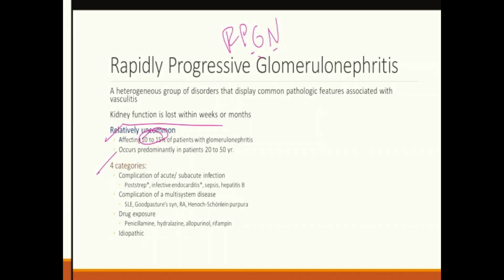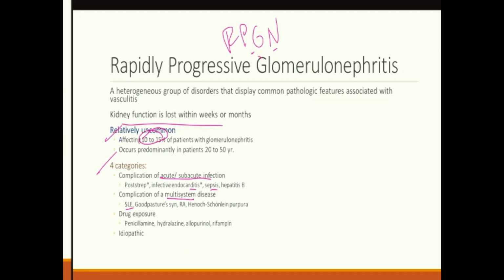4 categories. One is a complication of an acute reaction. Here's your strep again, endocarditis, sepsis. Is it a complication of a multi-system disease? Remember, some of the other diseases will have their effect on the kidney, but it's not an actual kidney disease itself.